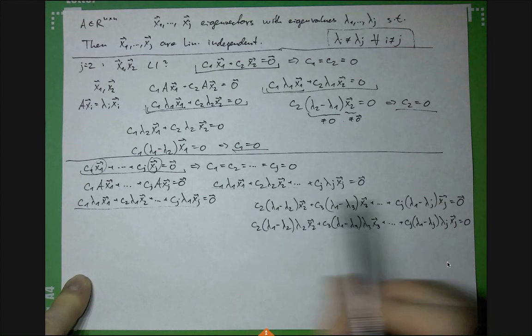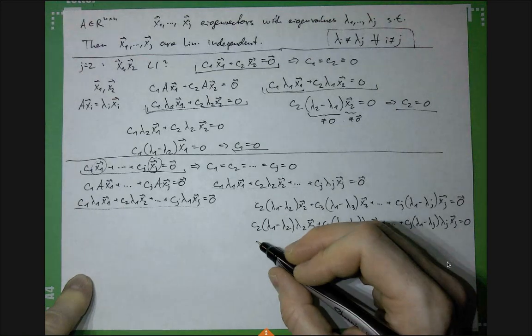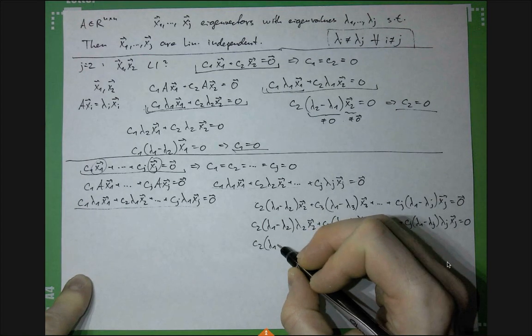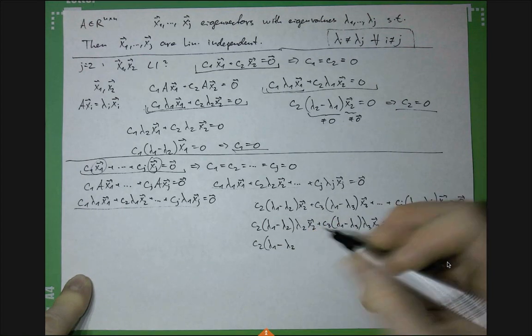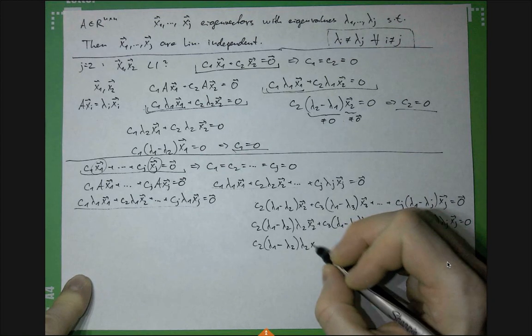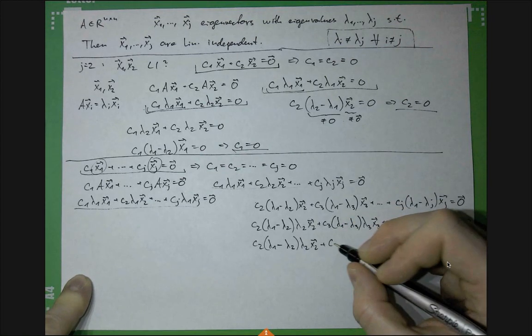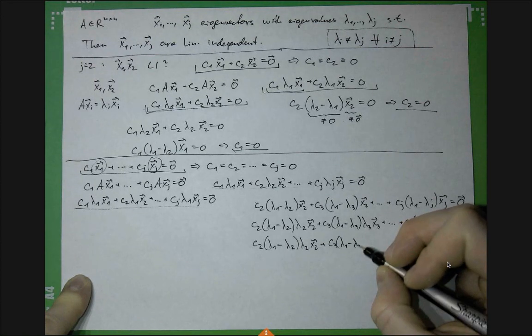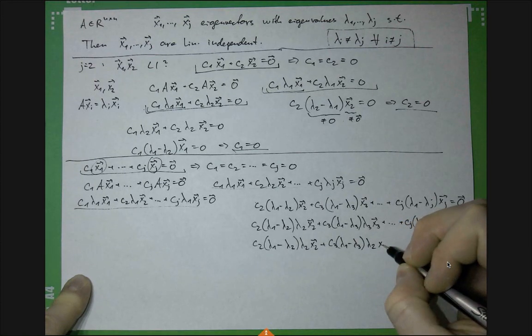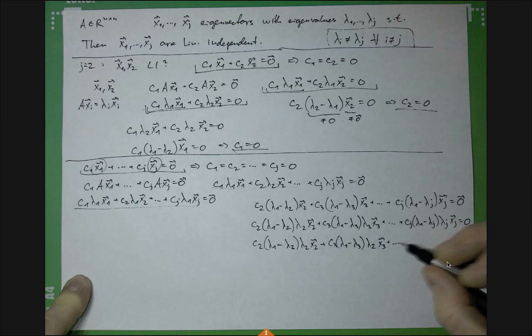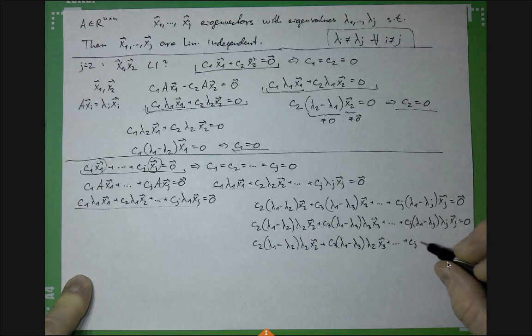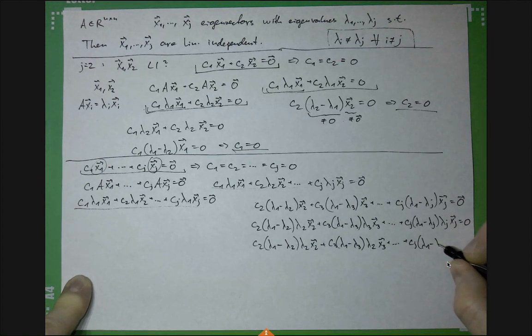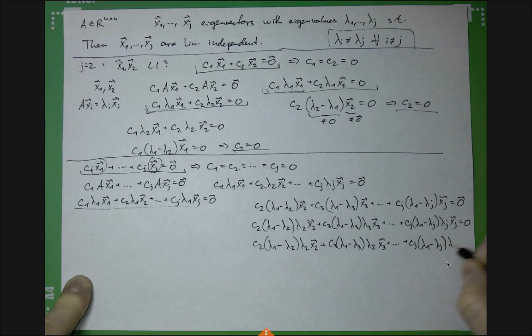And now guess what? I can also multiply it by lambda 2, which gives me this: (lambda 1 minus lambda 2) lambda 2 x2 plus C3 (lambda 1 minus lambda 3) lambda 2 x3 and so on. Now all the terms are being multiplied by lambda 2, up to lambda 2 xj is 0.